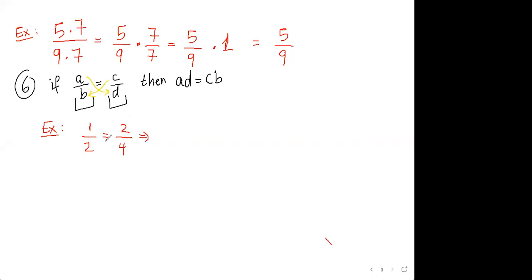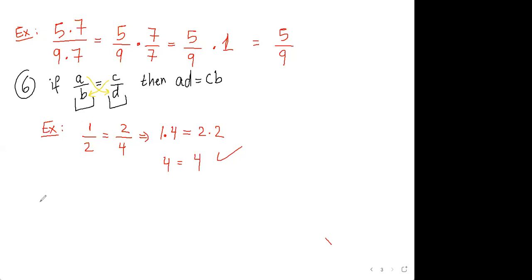Let me check. If this is equal, then A times 4 must be equal to 2 times 2. And this is true because 1 times 4 is 4 and 2 times 2 is 4. So these two fractions are equal to each other.